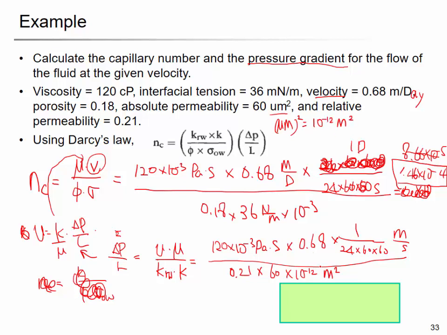And then I think you will get the pressure gradient, delta P over L, in Pascal per meter in the end. If you cancel out, the second cancels out, and the meter here, right? And then you have Pascal per meter. Then the value is about 7.5 times 10 to the 4 Pascal per meter.